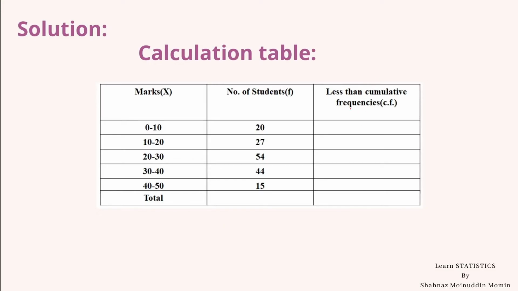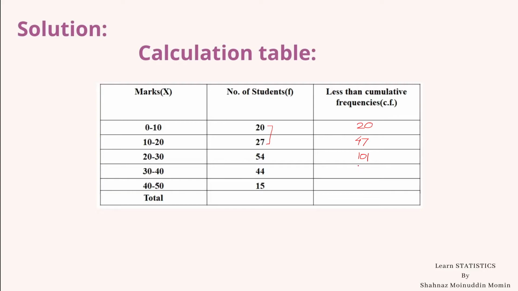Now the less than cumulative frequency starts from the top frequency. Write down the top frequency 20 as it is. Then add the first two frequencies, 20 and 27, which gives 47. Then add the first three, 101.